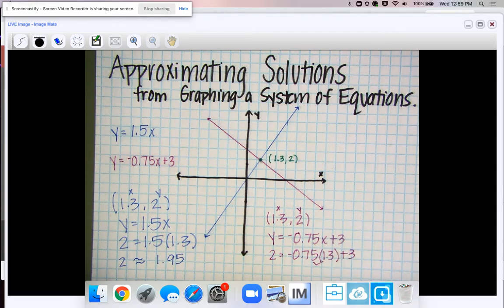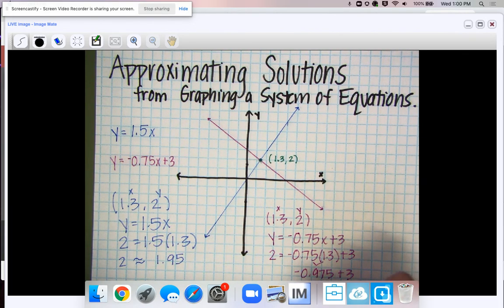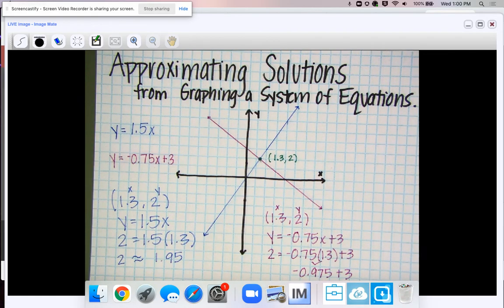I'm going to multiply first, and when I multiply 75 hundredths times 1.3, I get negative 975 thousandths. And then when I add these two, I'm going to get a positive 2 and 25 thousandths. And again, I have 2 over here. So they're close, but they're not equal.